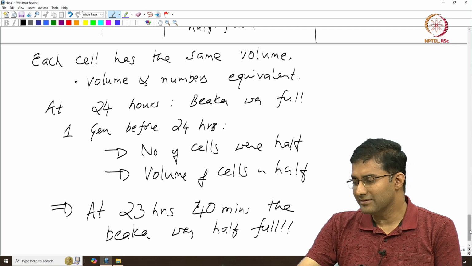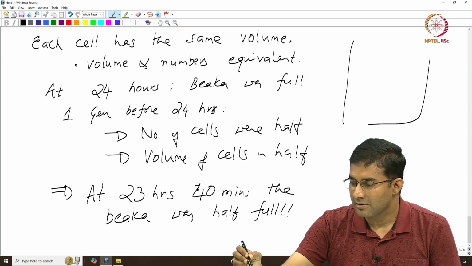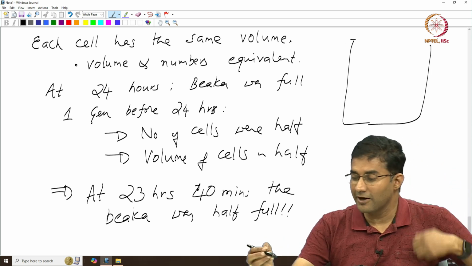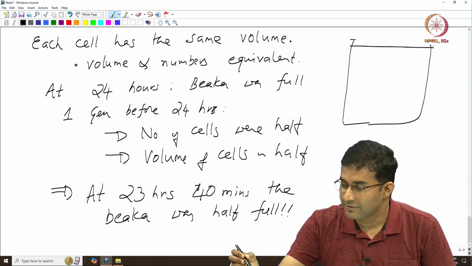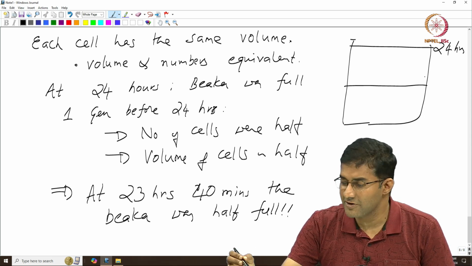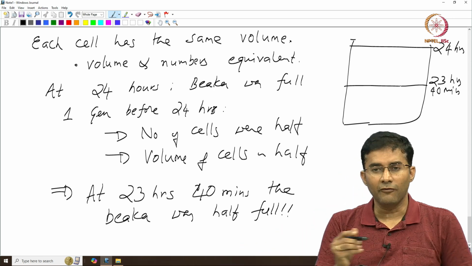And this is quite interesting. This is something one would not naively expect, unless you think through it carefully. At 24 hours the beaker was full, and at the previous generation, 23 hours 40 minutes, it was half full.